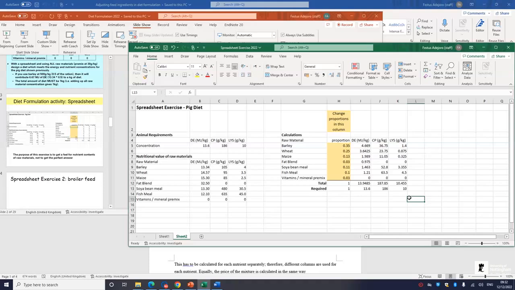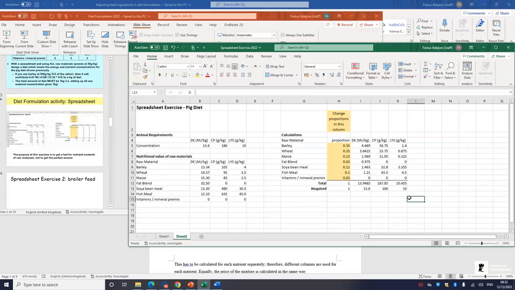Yours may not have exceeded, or probably you didn't meet one of the requirements. It's possible. The goal of this particular exercise is actually not to meet all the requirements exactly, but for you to appreciate that you can vary these ingredients in one way and not meet the requirement, and I can vary those ingredients in another way and still come close.